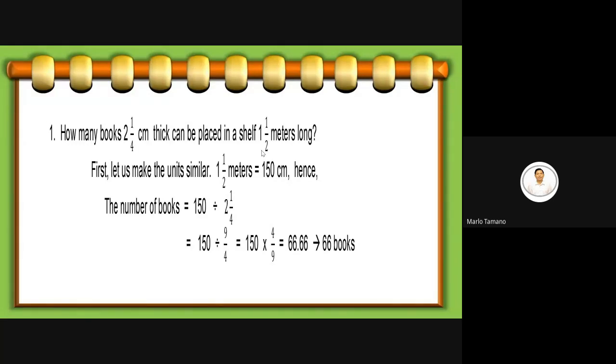Again, 100 centimeters ay equal sa 1 meter. Okay po? Naintindihan? May kalahati pa, di 50. So that is 150 centimeters.